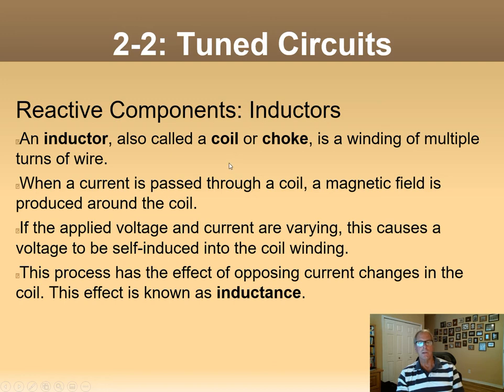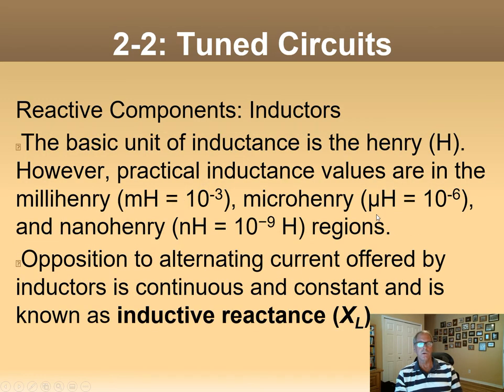So inductors are the opposite of capacitors. In other words, an AC signal going through an inductor will tend to be stopped rather than let through, as it is in a capacitor. It opposes current changes, so a series inductor is going to have a high resistance at high frequencies.